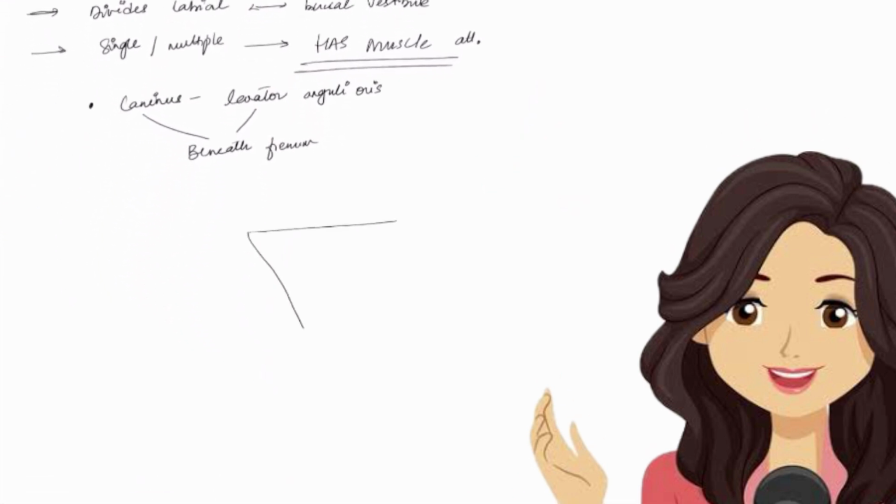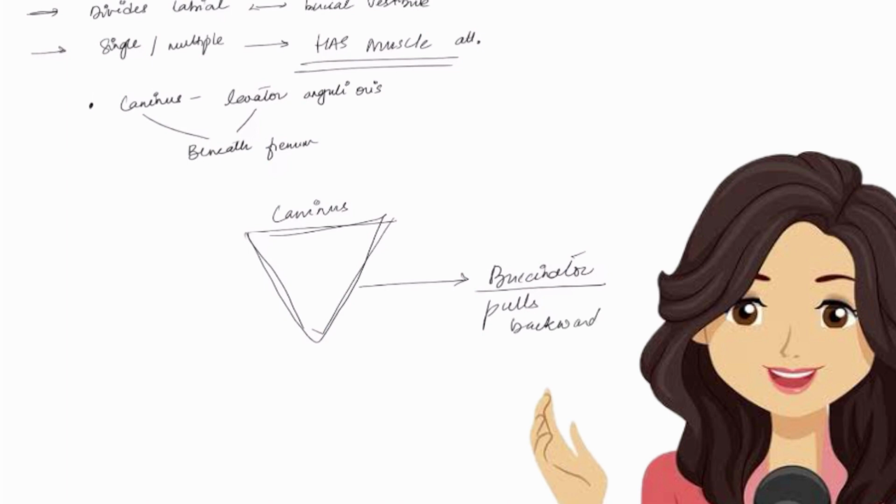So if I draw this as my buccal frenum, you will have caninus here. Then posteriorly, you will have buccinator. What will buccinator do? It pulls it backwards. And anteriorly, you will have orbicularis oris that pulls it forwards.